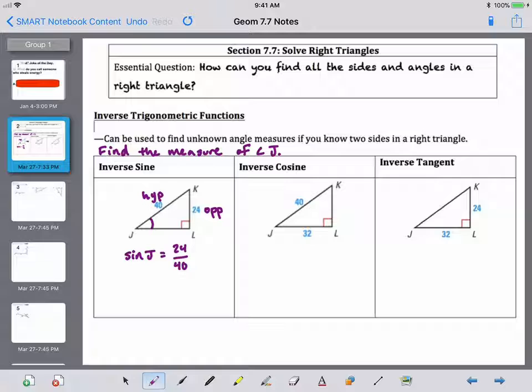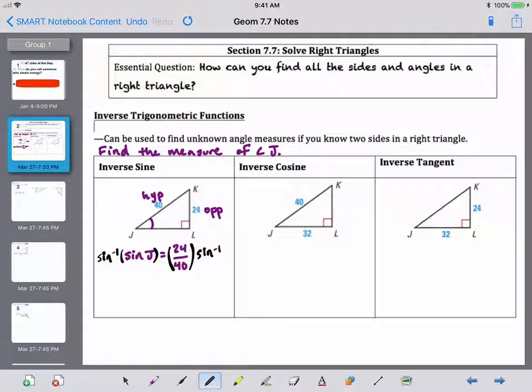Now if we want to get J by itself, here's the new part. What you can do is take the sine inverse of that left side. But remember in mathematics, if you do something on the left side, you have to do the same thing on the right side. So we have to take the sine inverse on the other side here.